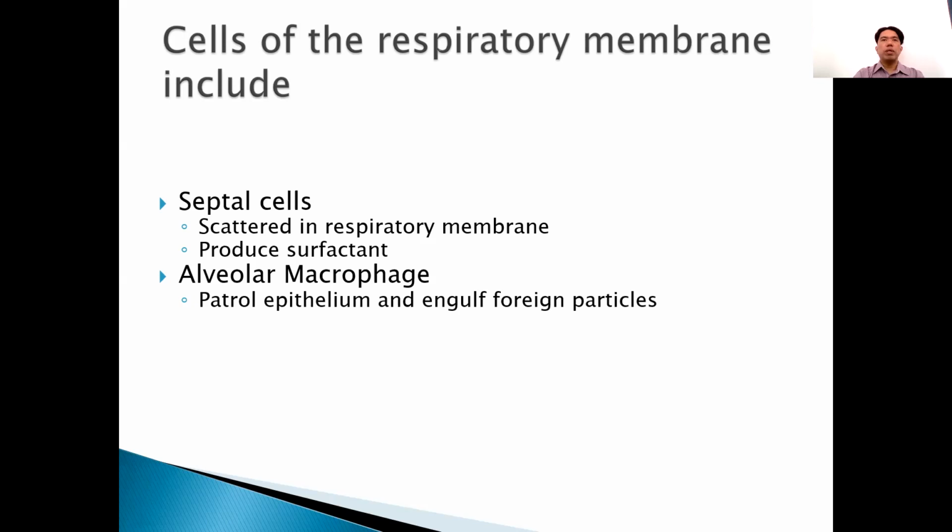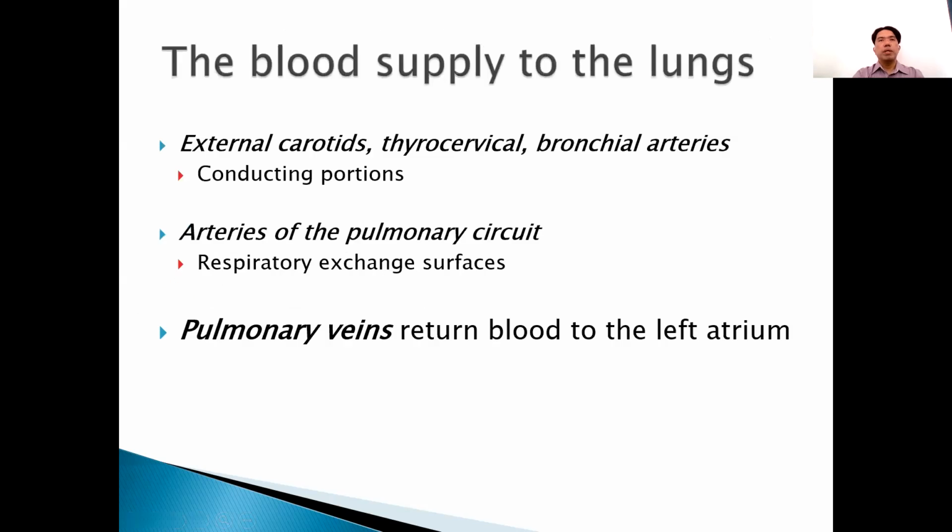No? We are familiar with this surfactant after 32 weeks of gestation, that surfactant is being produced maturely, and this is by the septal cells. So the alveolar macrophages are, as I said, part of the lymphatic network, which is responsible for the immune system. When you see words such as macrophage, engulfing, foreign, patrol, so these are defense mechanisms of the body.